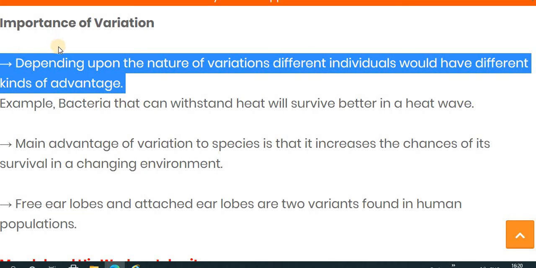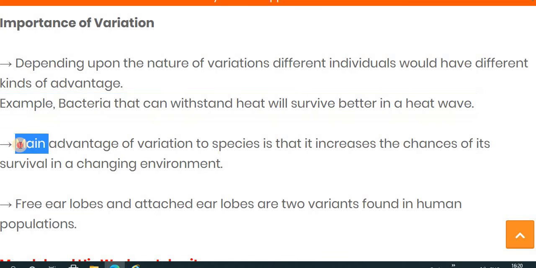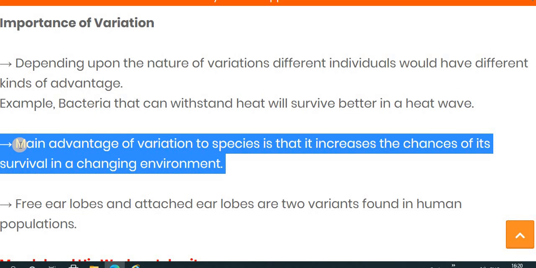So here you can see that depending upon the nature of variation, different individuals would have different kinds of advantages. For example, bacteria that can withstand heat will survive better in a heat wave. The main advantage of variation to a species is that it increases the chance of survival in a changing environment.